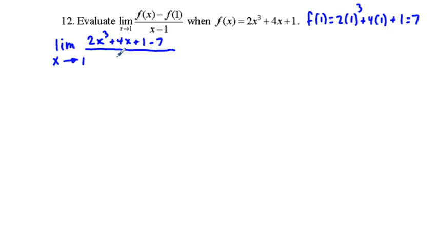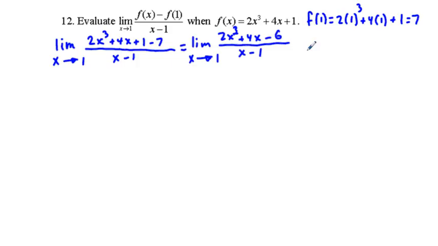In the denominator we put x minus 1. And so, just simplifying, that's the limit of 2x cubed plus 4x plus, well, 1 minus 7 is minus 6, and all that over x minus 1.